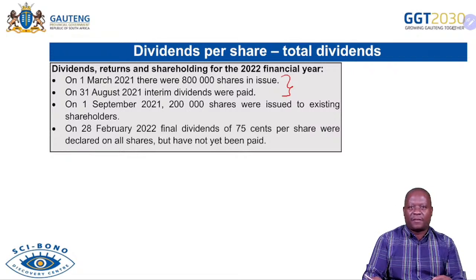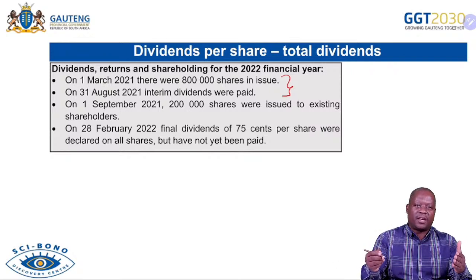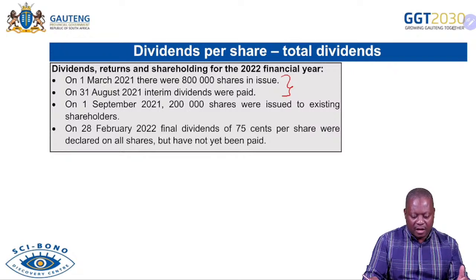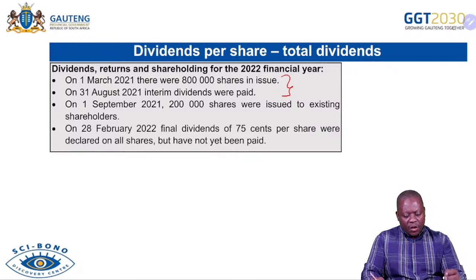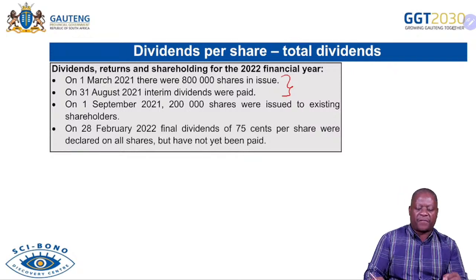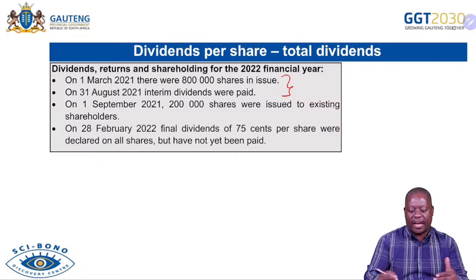And then I'm thinking, how many shares are in issue as we are on the 1st of September now? Okay, food for thought. On 28 February, the final dividends of 25 cents per share were declared on all shares, but have not yet been paid.